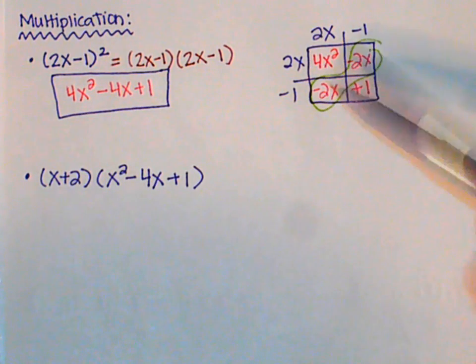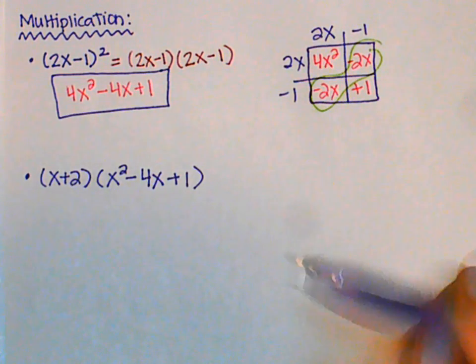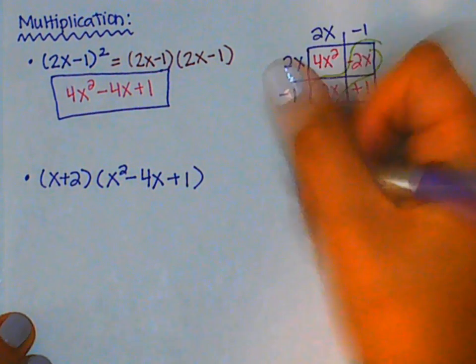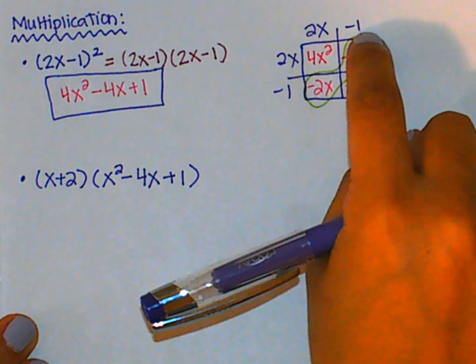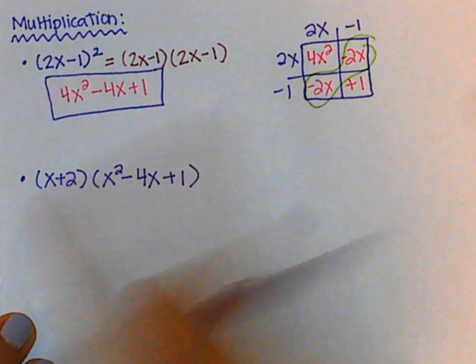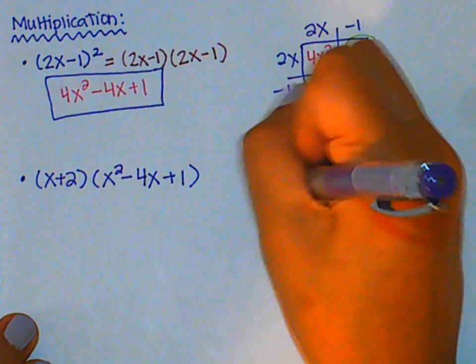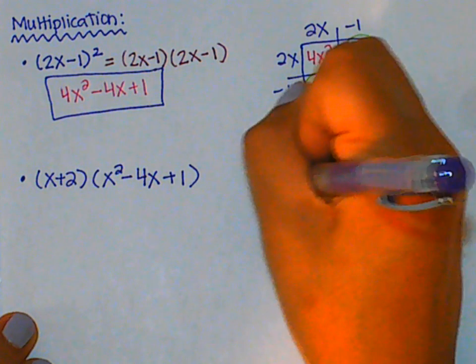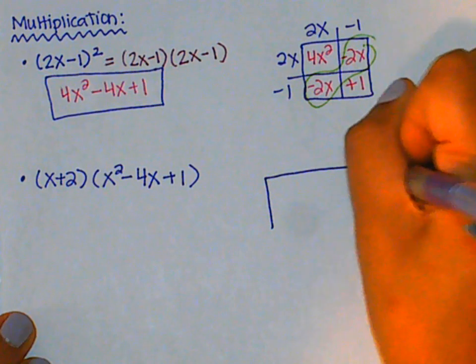So using the area model, we want to know what this equals. Now, so far with the area model, we've only done binomial by binomials, meaning it's a 2 by 2. But since this is a 2 times a 3, we're going to make our area model fit that. So here is my 1 and 2, and I'm going to make this long enough for 3.